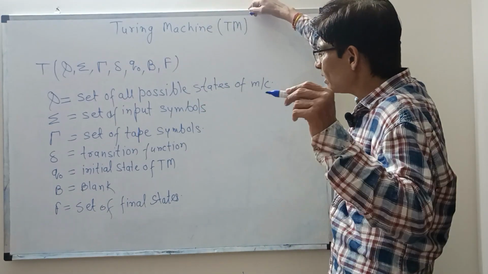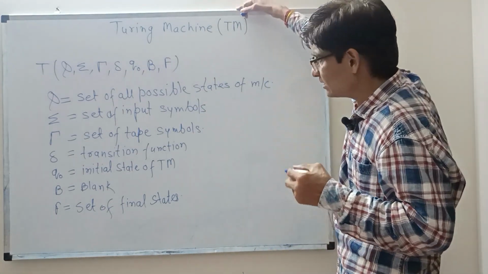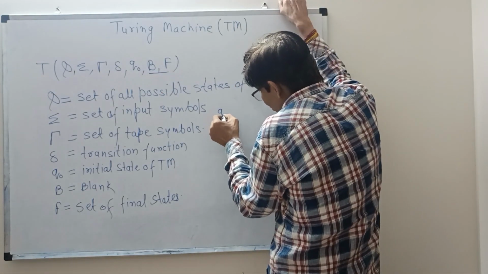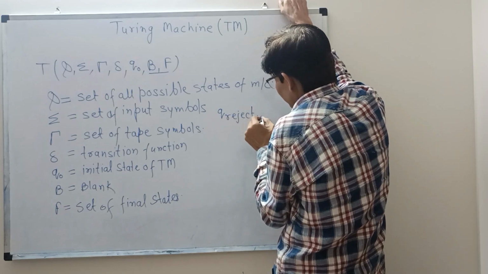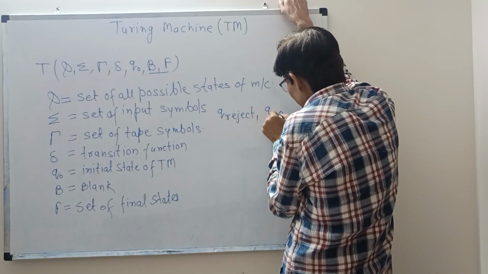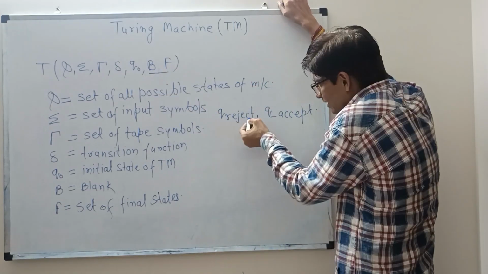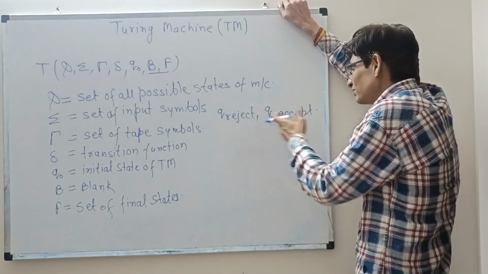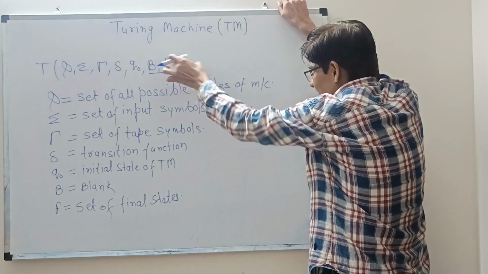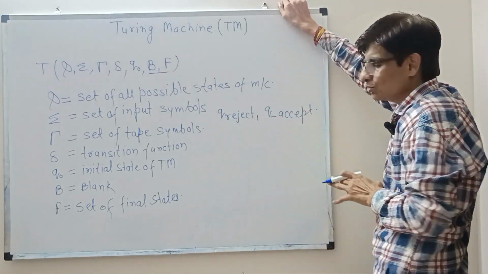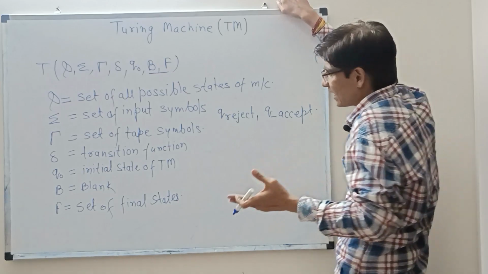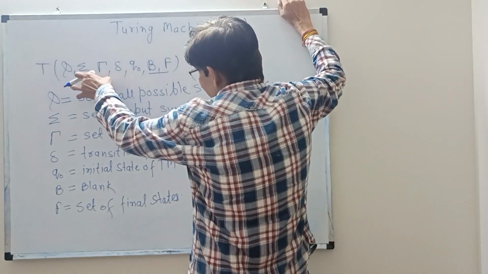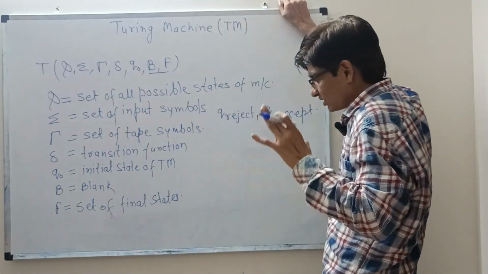In some places, you may find different tuples: in place of B and F, you can find Q reject and Q accept, the rejection state and the acceptance state. So this is the mathematical definition of a Turing machine.